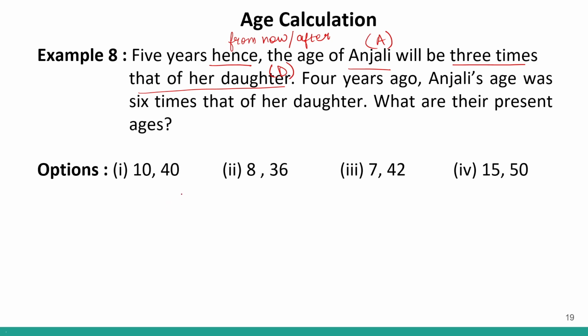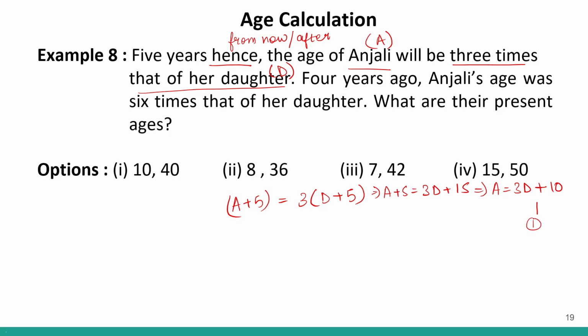So 5 years from now, Anjali plus 5 will be 3 times the daughter's age. If I open this, it will be A plus 5 equals 3D plus 15, 3 into D and 3 into 5, 15. If I take 5 this side, it will be minus 5. So A will be equal to 3D plus 10. Correct? This will be equation number 1.